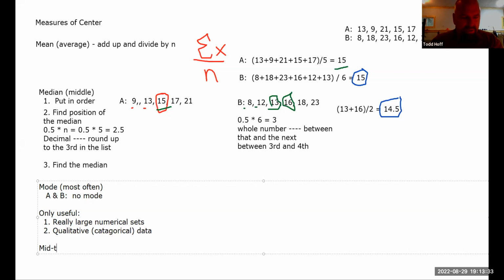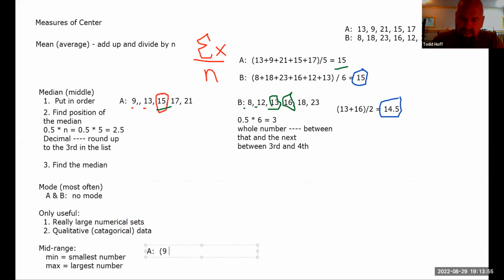Then there's one called the mid-range. The mid-range involves the minimum, which is the smallest number in the data set, and the maximum, abbreviated max, which is the largest number. And it's just literally averaging those together. So for set A, the mid-range is what? 9 plus 21 divided by 2, which is going to be 15.